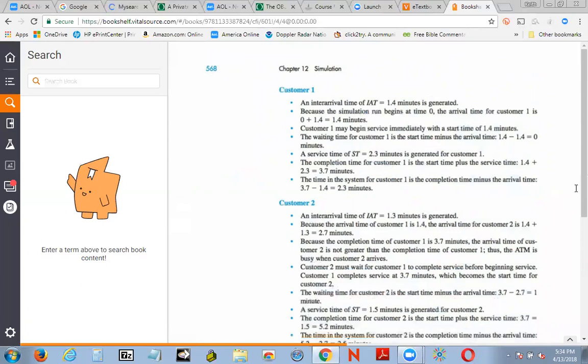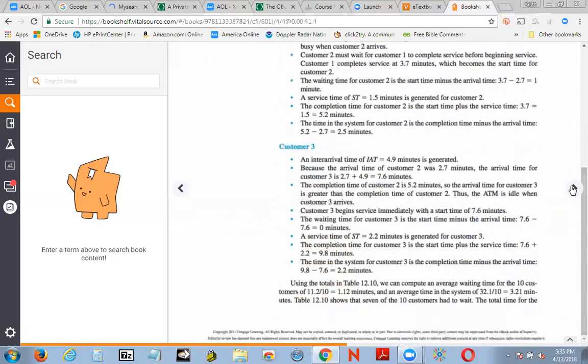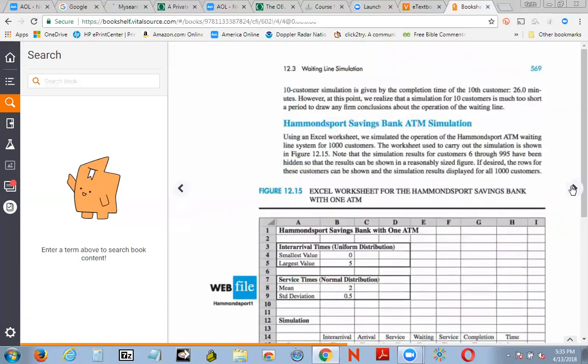The arrival time for customer 1 is 1.4. So 0 plus 1.4 gives 1.4 minutes. And then they walk us through the math for each customer 1, customer 2, customer 3, seeing these service moments and arrival moments.